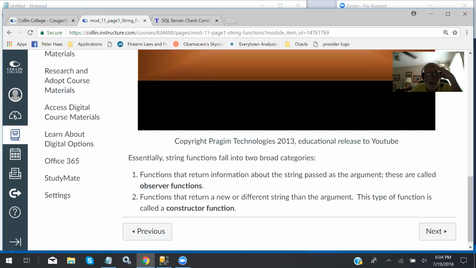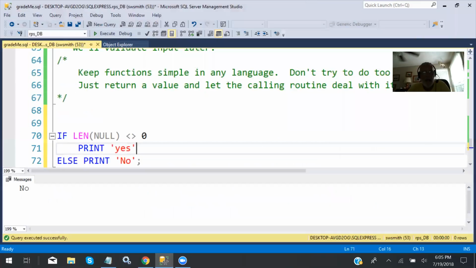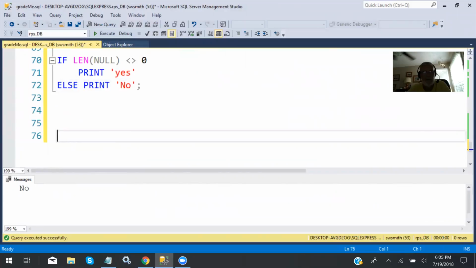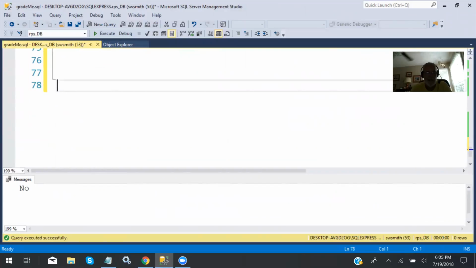And we're going to talk about a couple of things here. We're going to talk about functions that return information about the string passed as the argument. These are called observer functions. And let me show you an example of these. I have something open here, so I'll just run it.